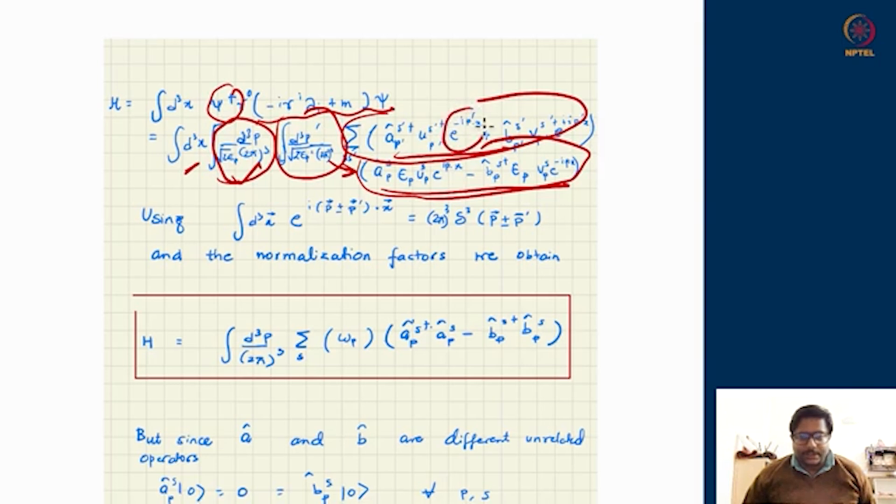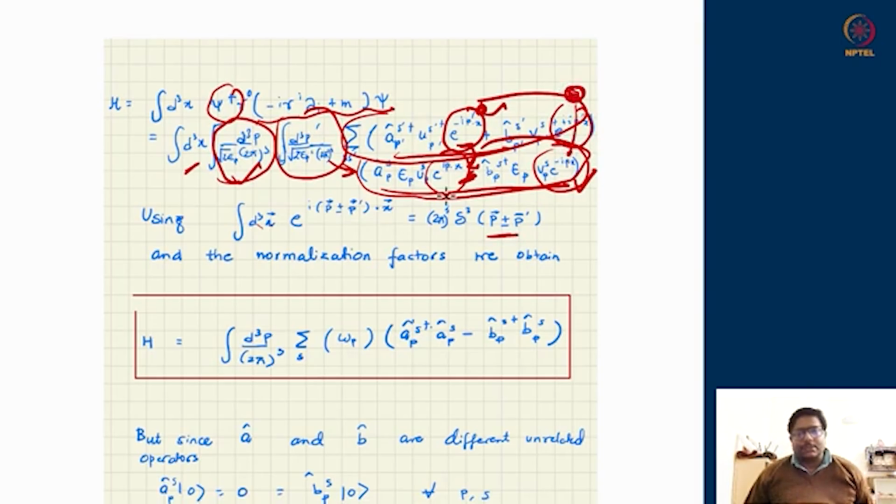Spatial dependency is coming only in the exponentials. You can have spatial integrals of the exponential give rise to a delta function, positive p plus p prime or p minus p prime, depending upon whether you combine this with this, this with that, or the second term with the first of the next term and the second term of the second of the next term.